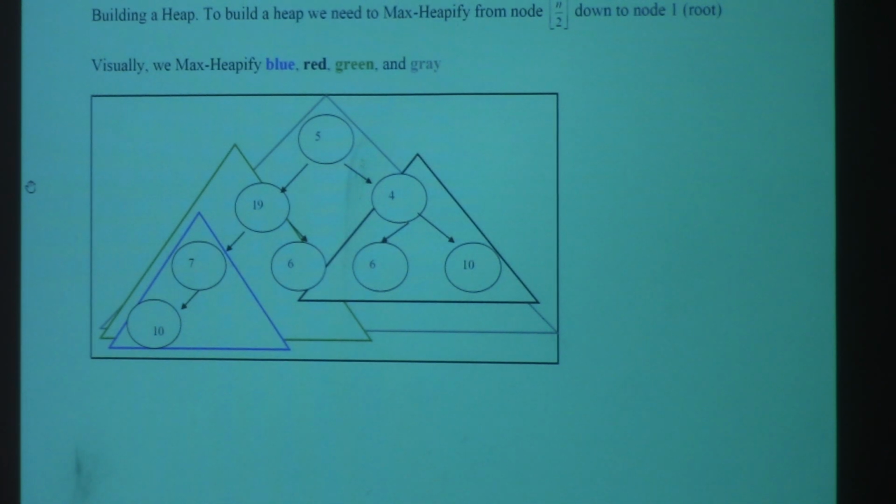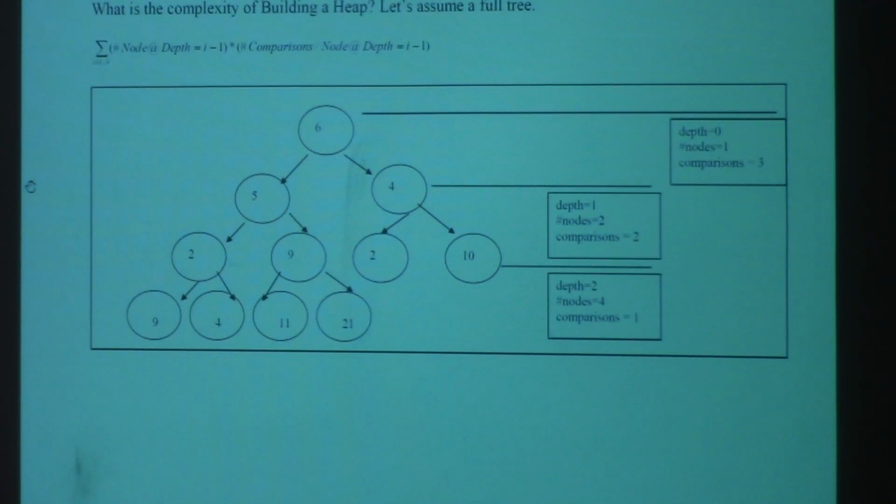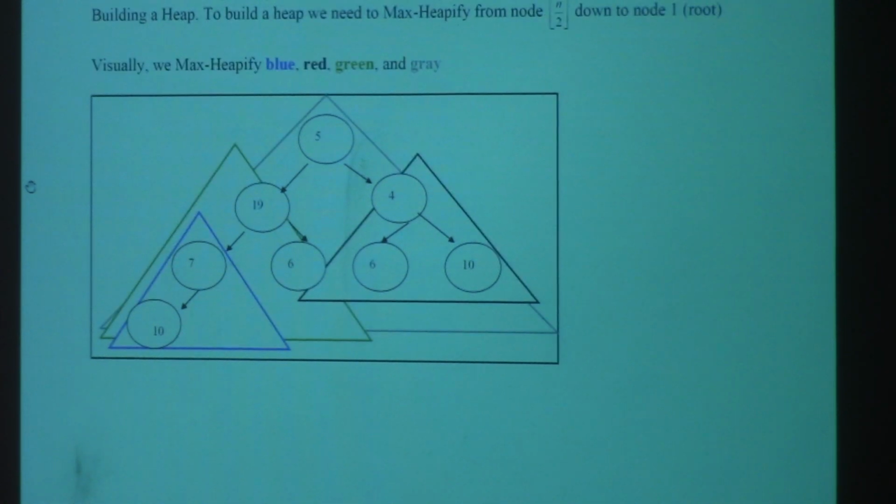So when you have a tree, no matter how large, and the left subtree of the root is a max heap, and the right subtree of the same tree is also a max heap, then the complexity of turning it into a max heap overall is only going to be theta log n. Okay, so that was a nice example.